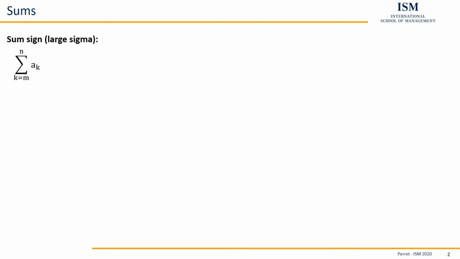So if we start with k being equal to 1, so k equal to 1 is below the sum sign and above is 4, then we have to insert all the values 1, 2, 3 and 4.